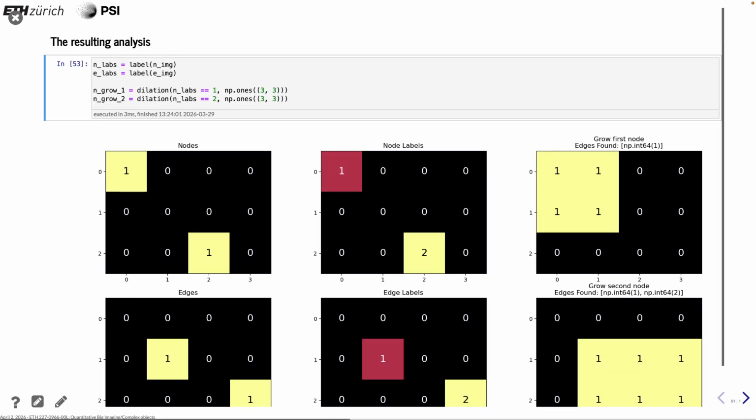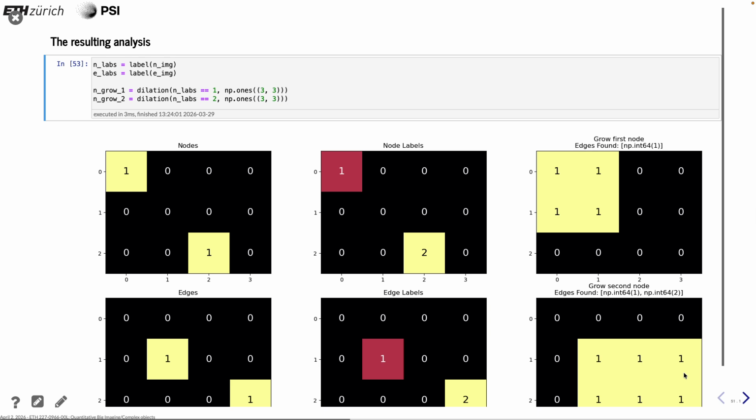So let's do the dilation. We have the node images, we have them labeled, and if we grow the first node, it looks like this. And then we check which of the edges are actually overlapping with that one, and that we do, again, with the same routine. We have the edges, we label them, and we see that this block corresponds to the first label.